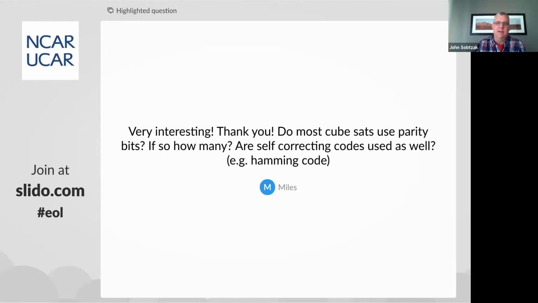That's used mainly for the long-distance communication. But yeah, they use a lot of parity bits, even just to communicate between subsystems, or even from the CDH checking its RAM or its program memory to make sure they don't have bit flips. They're used everywhere.